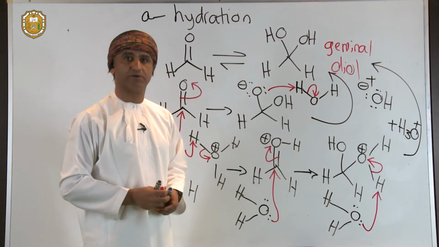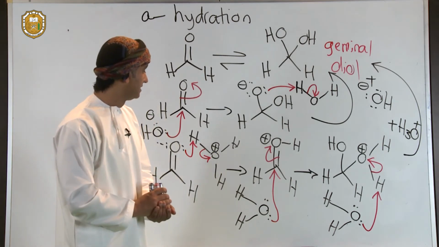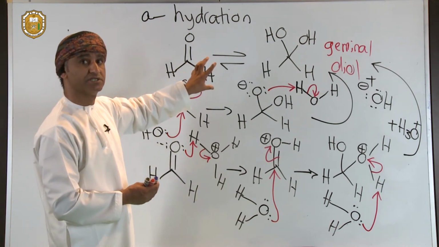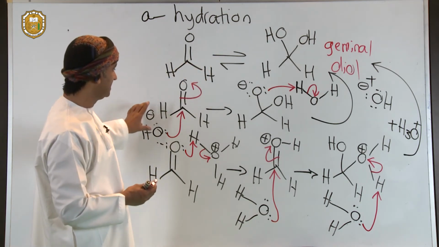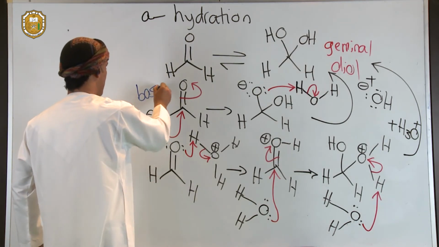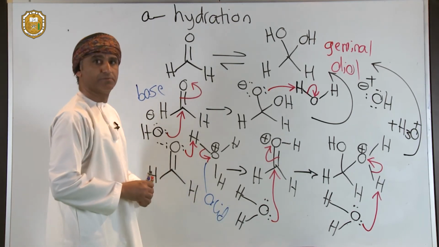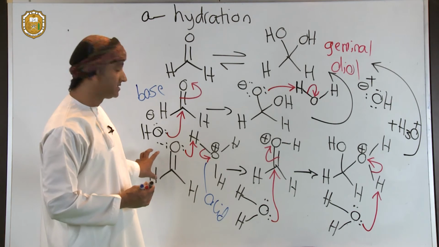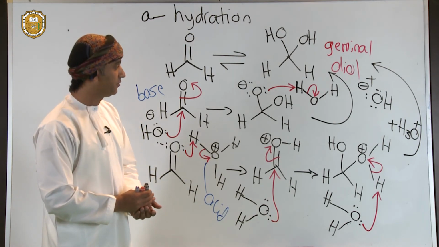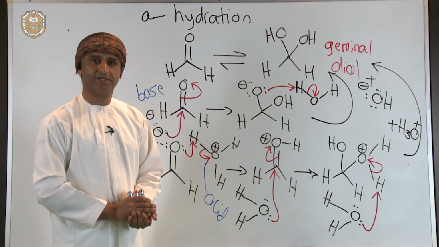And it should be regenerated because it is a catalyst, a species that speeds up the reaction but never gets consumed. So in this hydration reaction, the reaction can either be catalyzed by a base, or by an acid such as the hydronium ion. So acid or base catalysis allows hydration reactions of aldehydes and ketones in general to form the corresponding geminal diols or 1,1 diols.